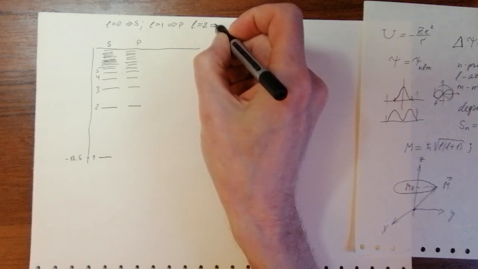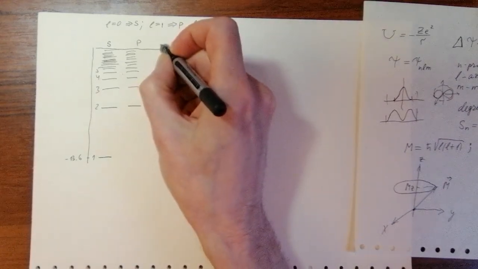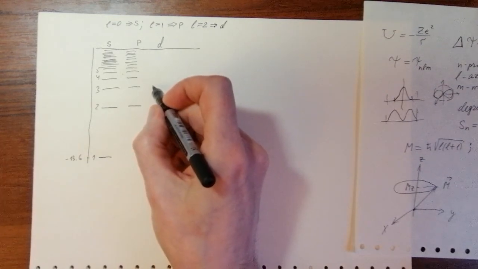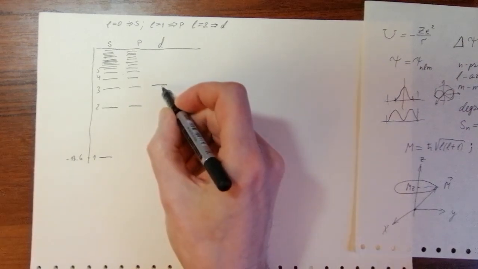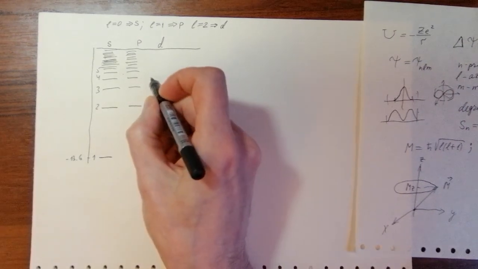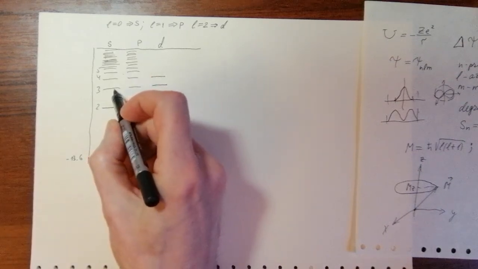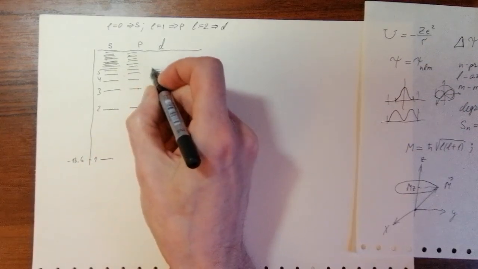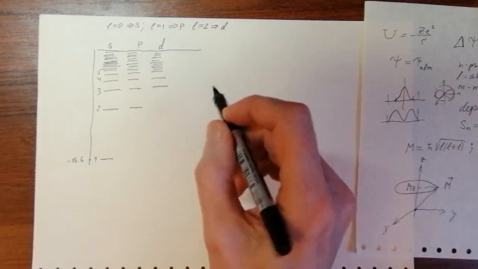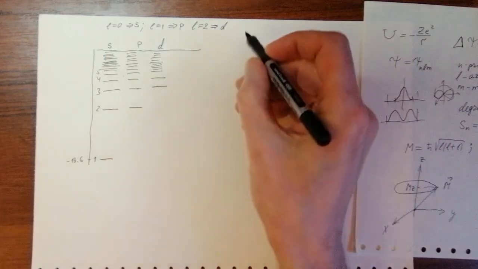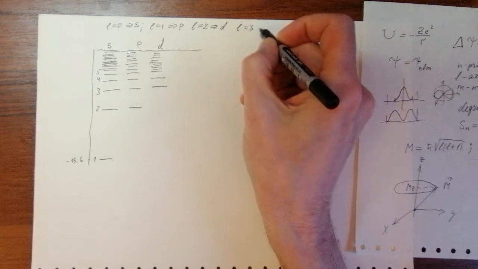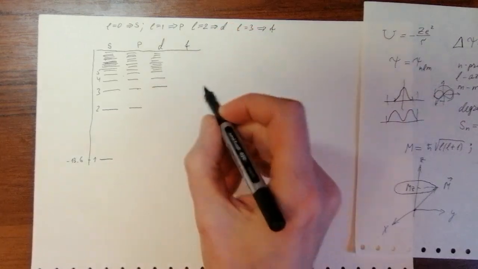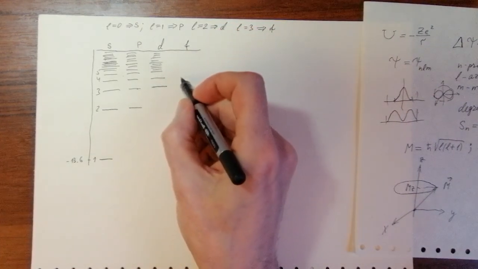It is denoted by D. Again, it cannot start from 2, it starts from 3 as the lowest level in D. And again, the energy of the level is exactly the same as for P and S, and for all the levels here also. Next is L equal to 3, and it is denoted by F. And this starts from 4.